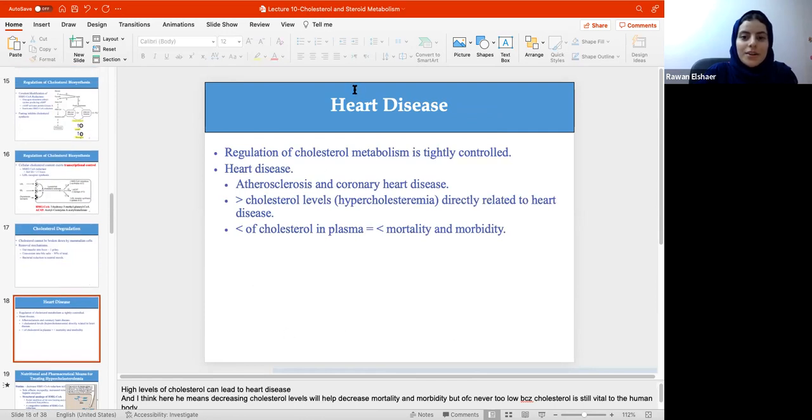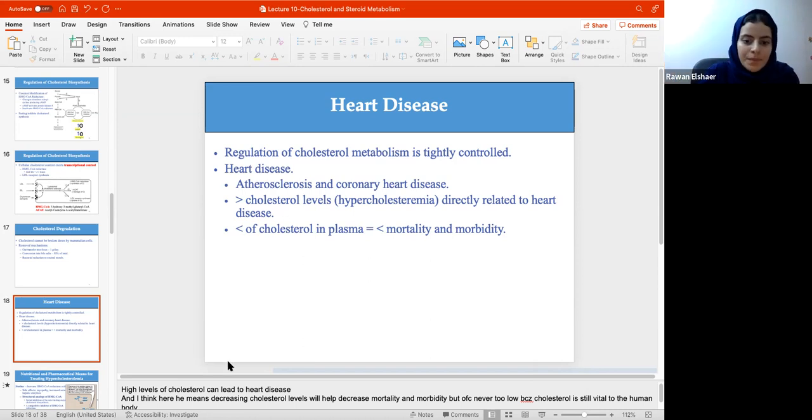Okay, heart disease. This is what most people link cholesterol with. We know that many of the diseases of the heart are because of high cholesterol levels, either atherosclerosis or coronary heart disease. It's all because of cholesterol being piled up. Here he's saying the cholesterol levels are directly related to heart disease. As the cholesterol level increases, your risk of getting heart disease increases, and if you already have heart disease, it becomes more severe.